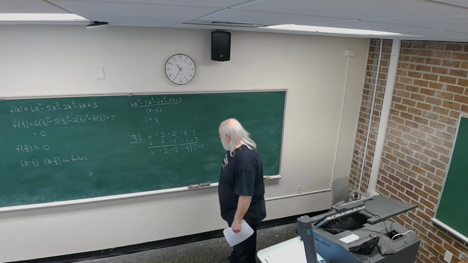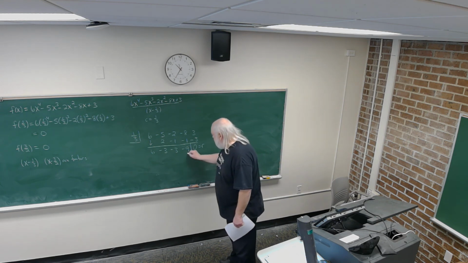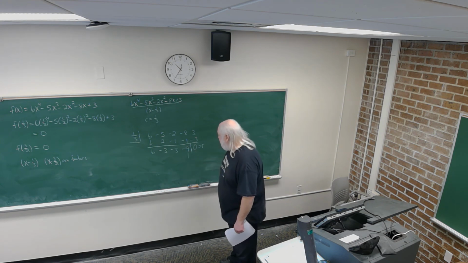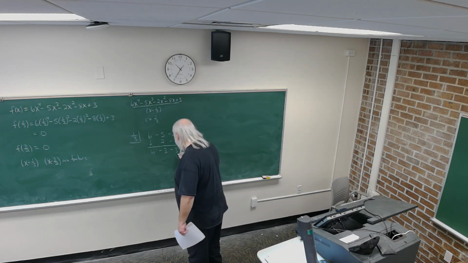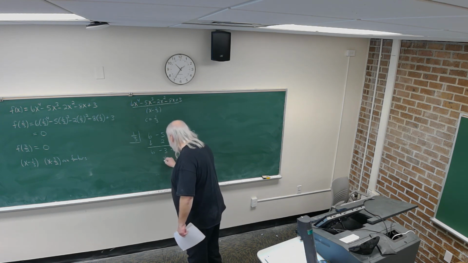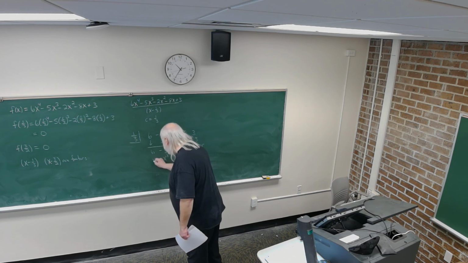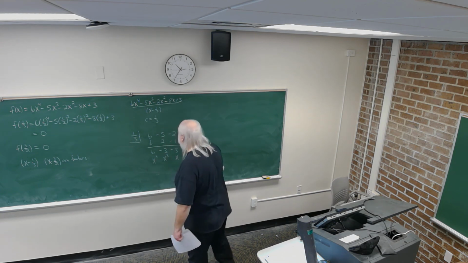So in the quotient of this division, minus 9 goes with 1, minus 3 gets multiplied by x, minus 3 gets multiplied by x squared, and 6 gets multiplied by x cubed.